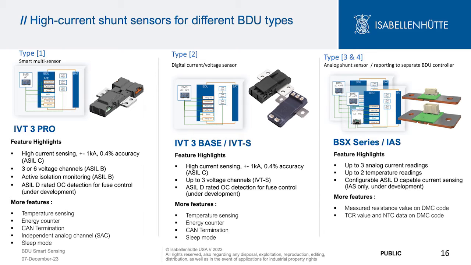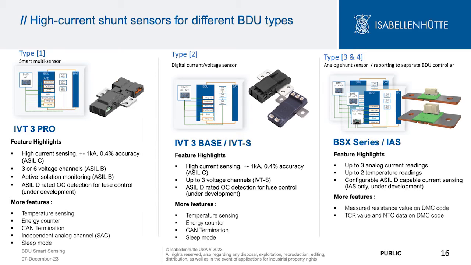Another feature highlight is definitely the 3 or 6 high voltage channels, which come with an ASIL-B rating. So these voltage channels can be used A for the battery voltage, which also enables energy counting functionality with this product, and B to monitor several relays on link and pack side and plus and minus side, relays in the pre-charge circuit and fuses.